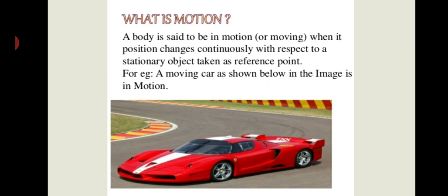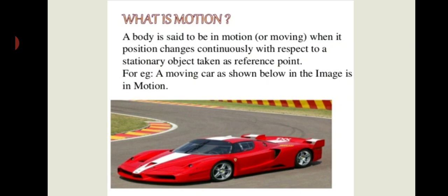What is motion? A body is said to be in motion or moving when its position changes continuously with respect to a stationary object taken as a reference point. In the figure, a moving car as shown below in the image is in motion.